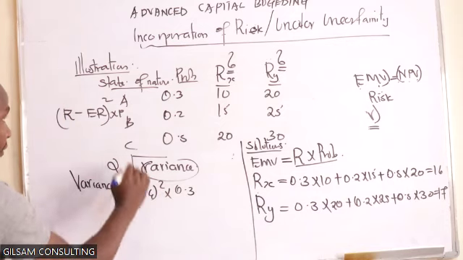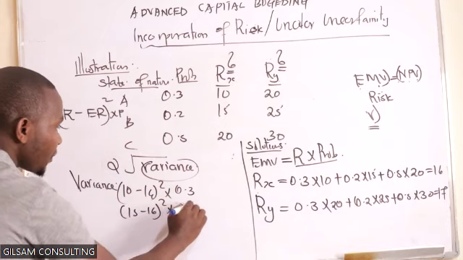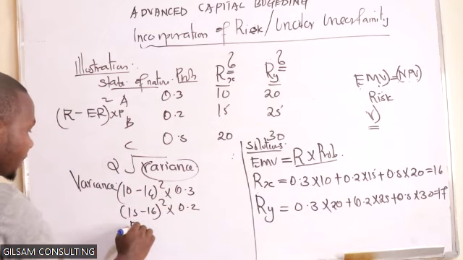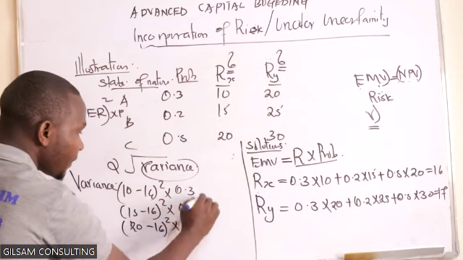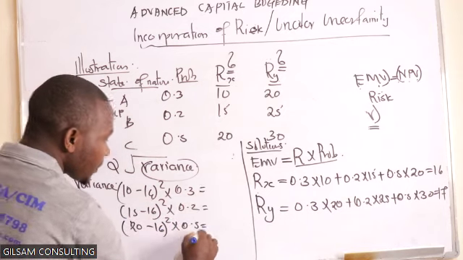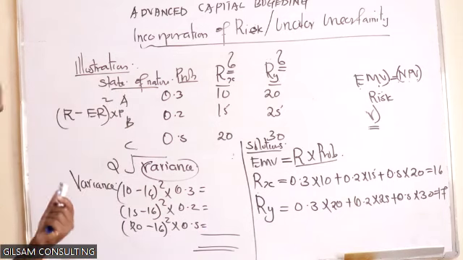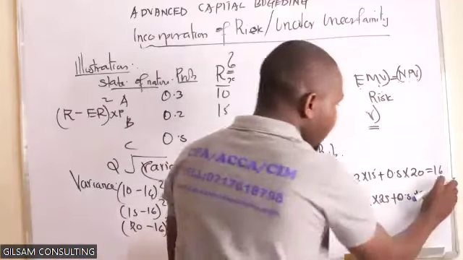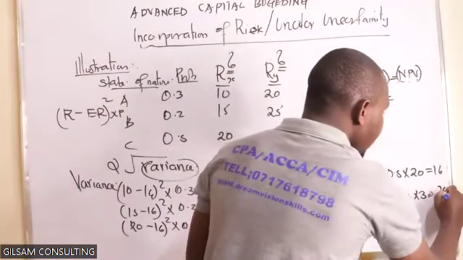Then 15 minus 16 squared times 0.2, and 20 minus 16 squared times 0.5. Oh, teacher, the second expected return is 26, not 17. Return 26 for Y.